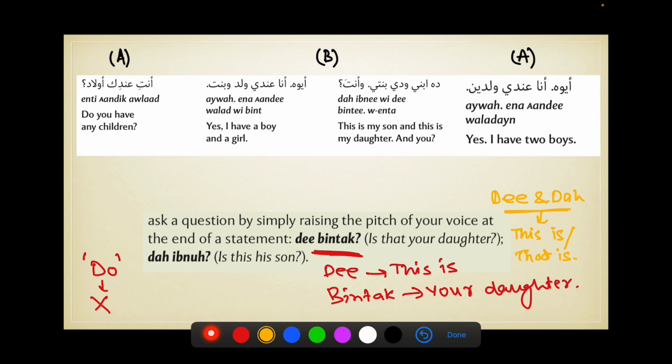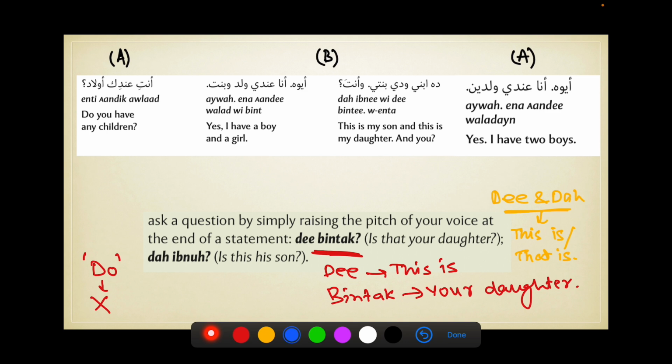So di bintak could mean, is this your daughter, or is that your daughter? Here I only told you about "do", that "do" doesn't have a word in Arabic, but it applies everywhere. Whenever you have to ask a question, you just have to raise the pitch of your voice. You don't have to use extra words.